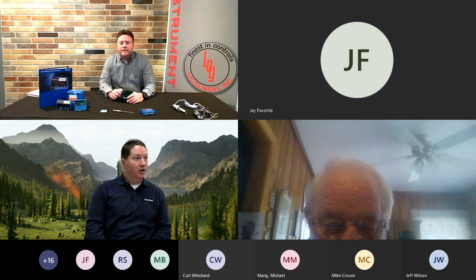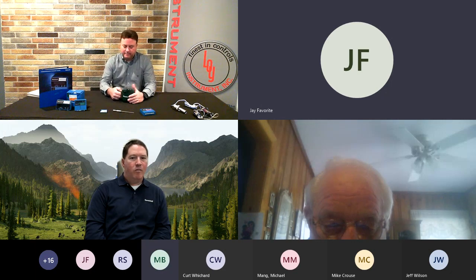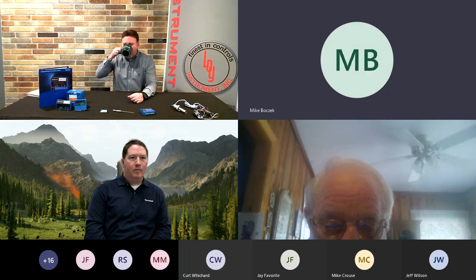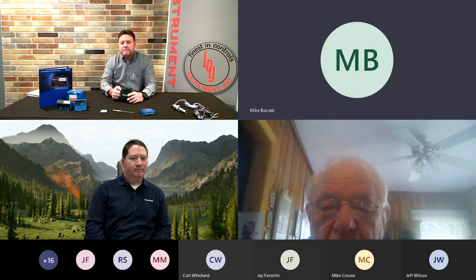Jeff, can you hear me? Yes, I sure can. My question is, in terms of flame signal on the high side, you like to see 5 volts DC, 5 microamps. On the low side, 1.25 volts DC. How many microamps on the low side is acceptable? About 1 to 2 microamps. 2 microamps would be solid.